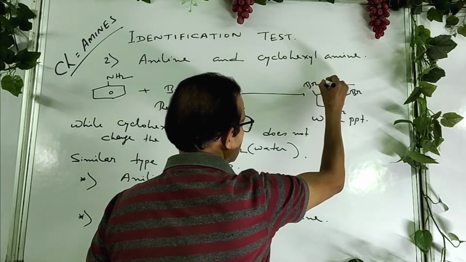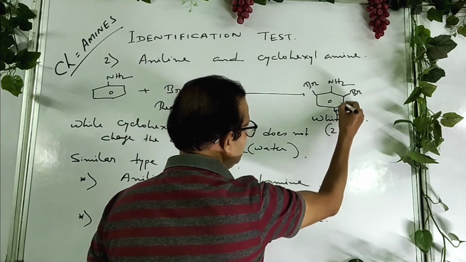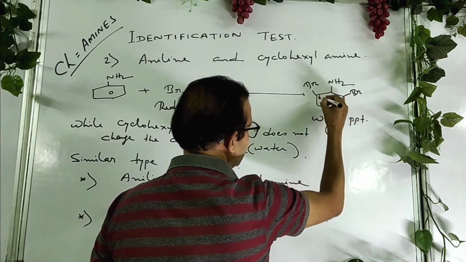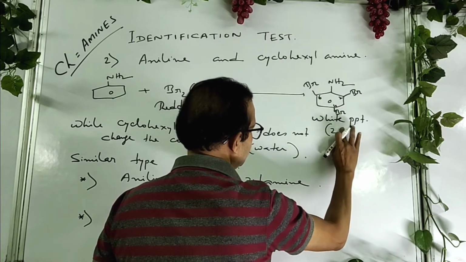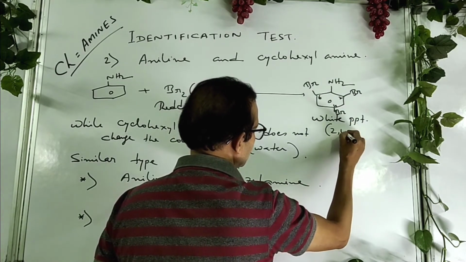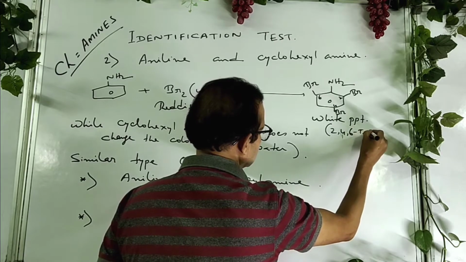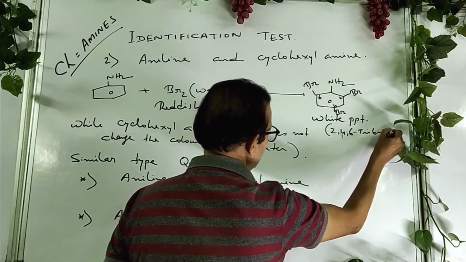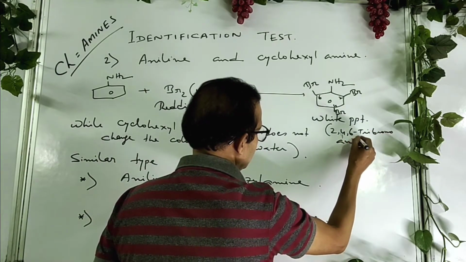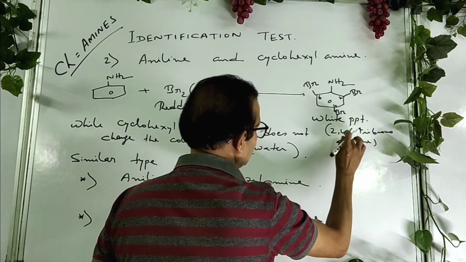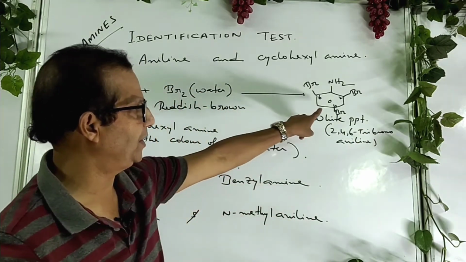It is 2, it is 4, it is 6. You get 2,4,6 tribromoaniline. It's a white precipitate, very important.